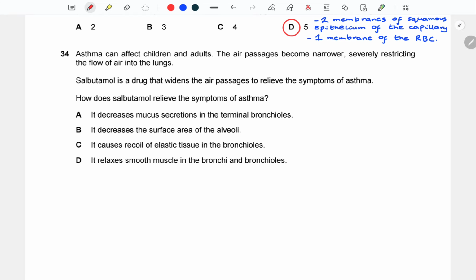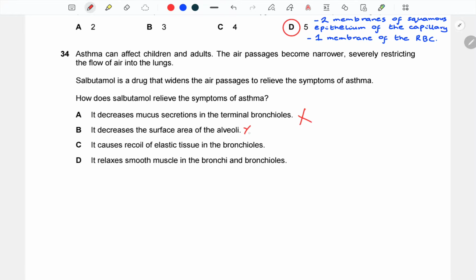34. Asthma can affect children in lungs. The air passages become narrower, severely restricting the flow of air into the lungs. Salbutamol is a drug that widens the air passage to relieve the symptoms of asthma. How does salbutamol relieve the symptoms of asthma? It decreases mucus secretions in terminal bronchioles. That is wrong. We need these mucus secretions. It decreases surface area of the alveoli. That is also wrong.